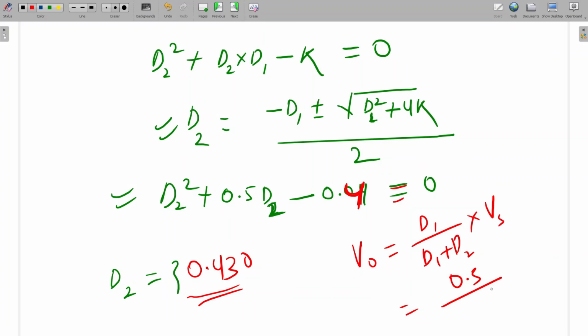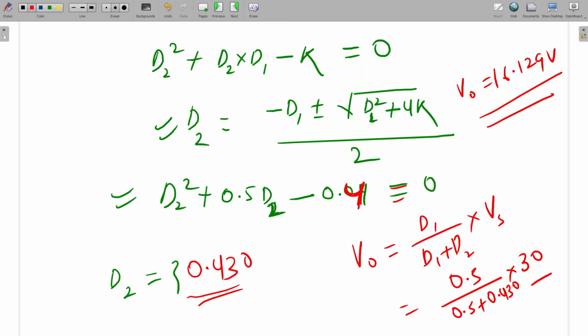So 0.5 divided by 0.5 plus 0.430 into VS, how much? 30. So this will be the final answer. 16.129. So V naught will be 16.129. This will be the final answer.